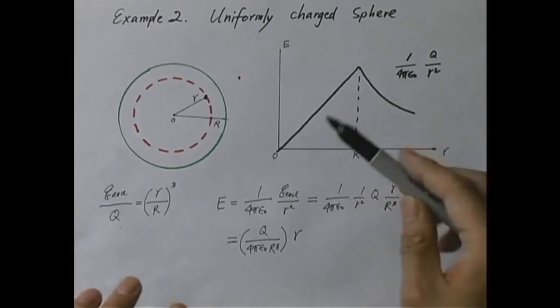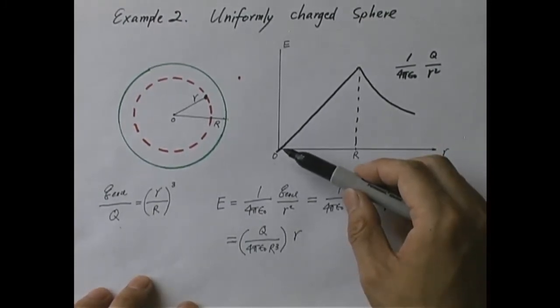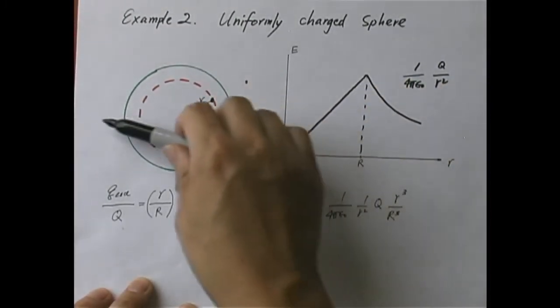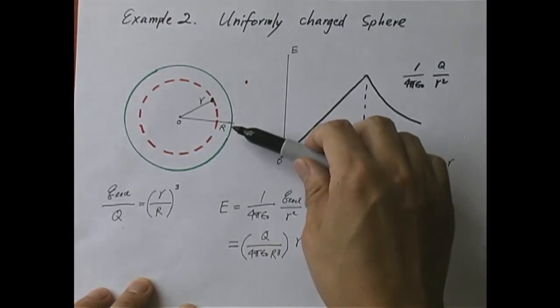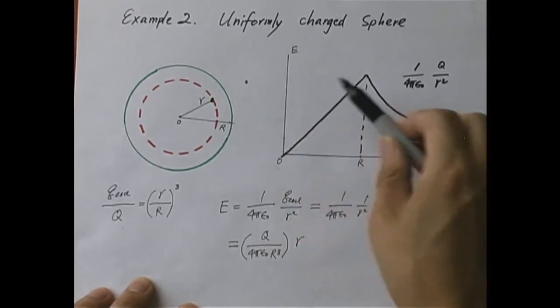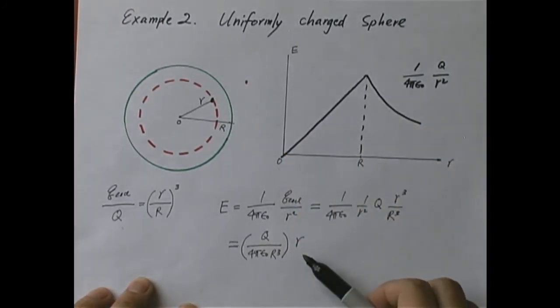It should be continuous. This linear electric field is an interesting thing, because suppose I dig a tunnel and I put a negative charge inside, say an electron. This electron will then experience an electric force that is linear, because the field is linear.